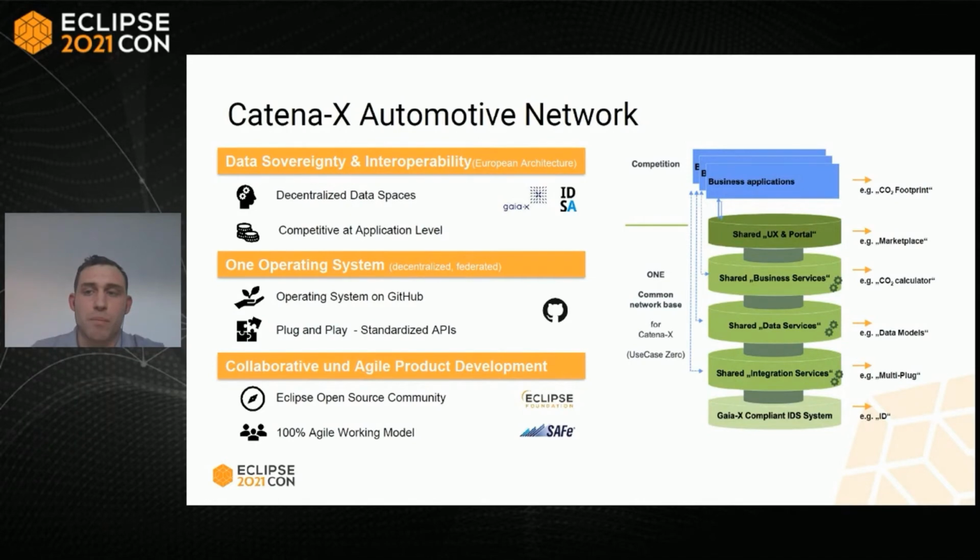There could also be a marketplace. There could be business applications like the part chain, data sharing, or this footprint use case. Yeah, so basically these are business ecosystems that are using data space technologies, standards.